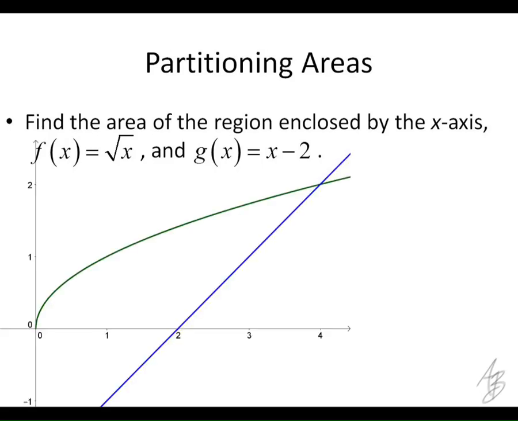I use the computer to do that, though. And so the region we're looking at is bounded by these two lines and also the x-axis right here. So we're going to get this region.